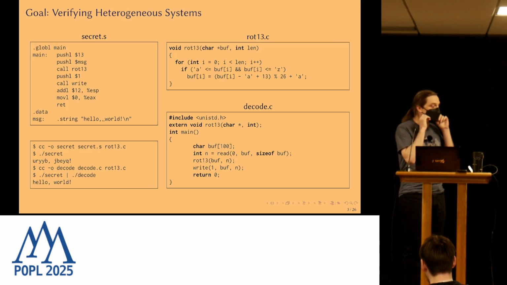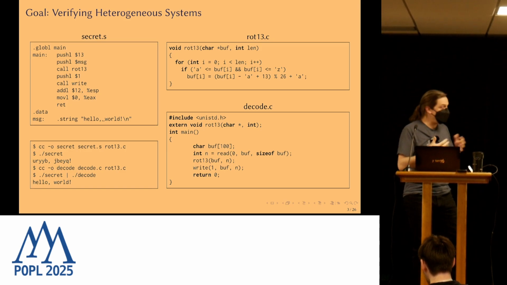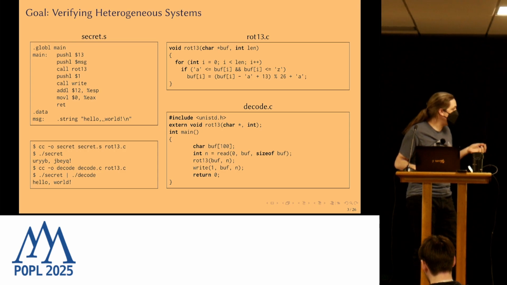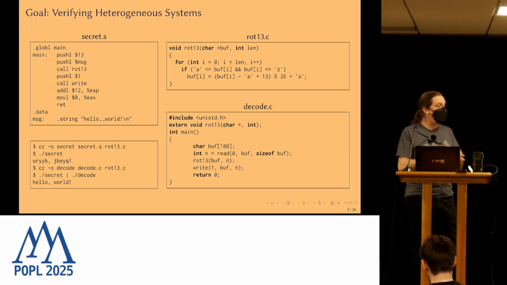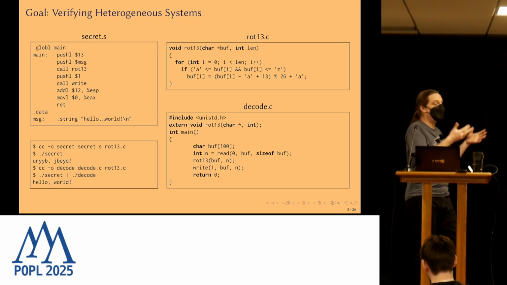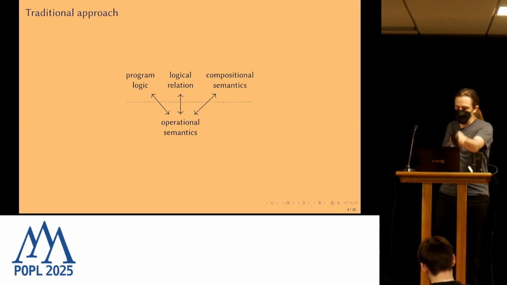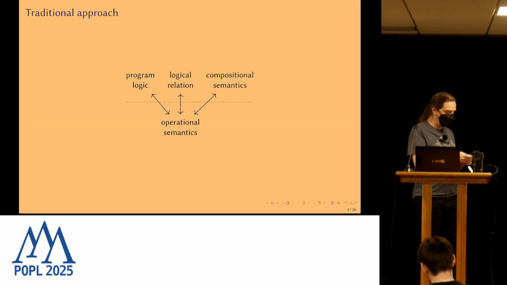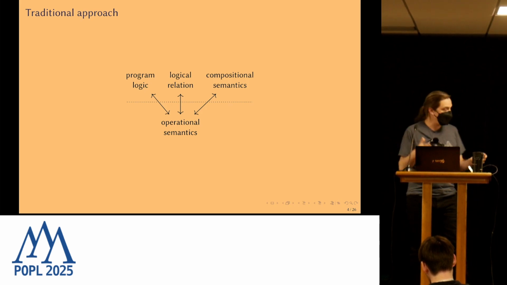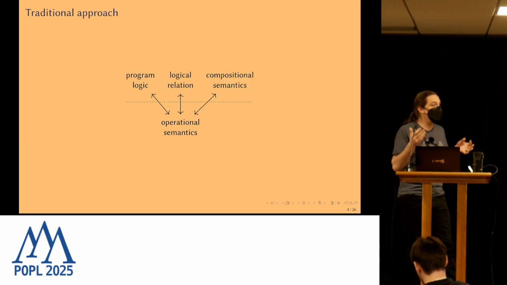So if we wanted to verify this the traditional way, we would have to model all of these details of how Unix processes communicate through a pipe and so on and so forth by building a new operational semantics that has everything in it, and by figuring out ways to reason about it.